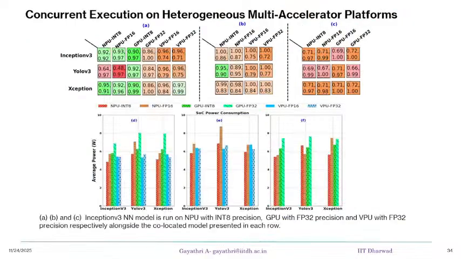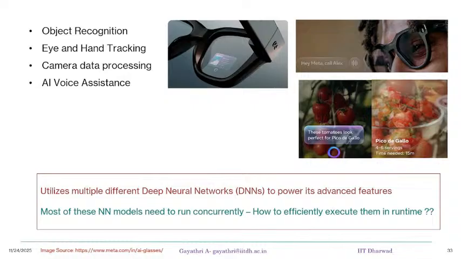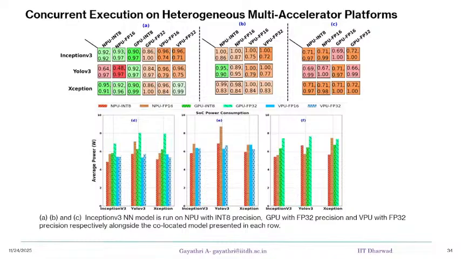You have multiple things. At what point do you invoke an audio application, or a text application, where given an image you want to get the caption of that image, and so on? You do not know what your application is going to be, but you know that at any time it will come from this set of applications on your SoC.